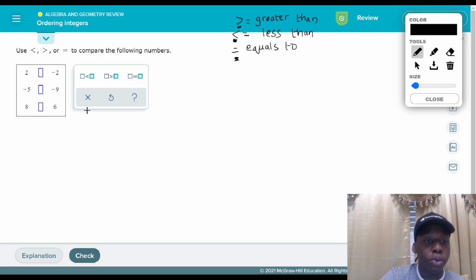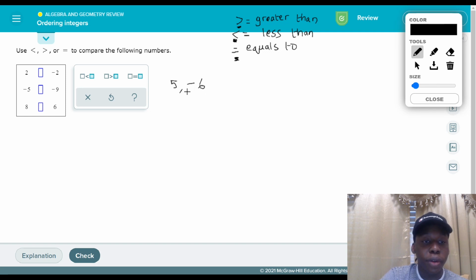One general rule I want to point out is about any number that doesn't have a negative in front of it. Let's say we're working with 5 and -6. As long as this number doesn't have a negative in front of it, it's automatically bigger than this number.